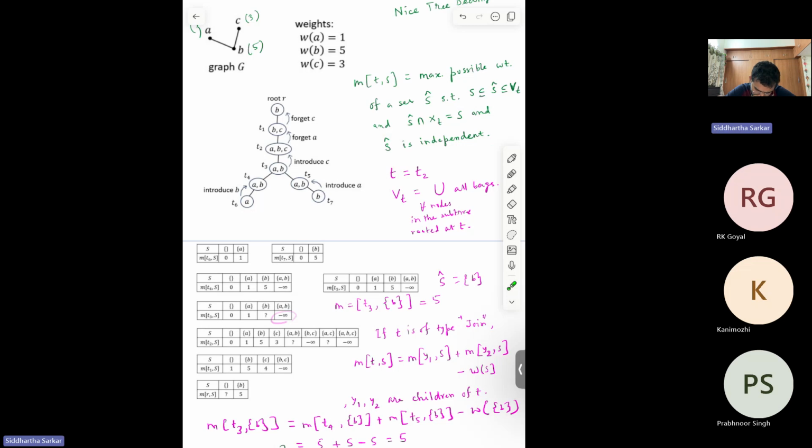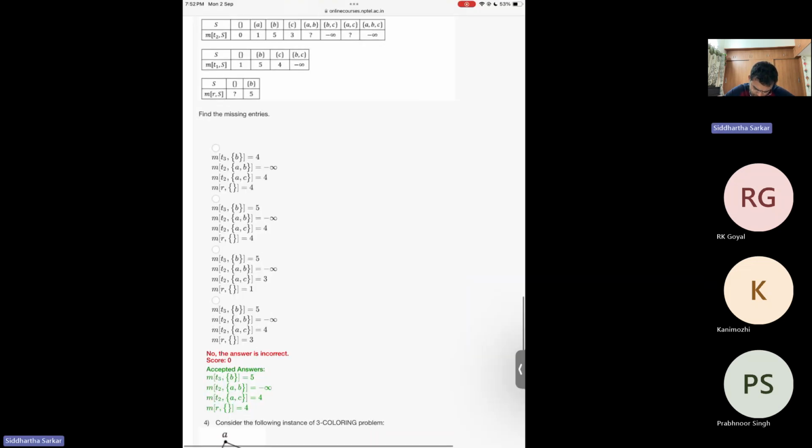So finally, our target is to output B, which is the maximum weight. So let's look at the answer. They say that they have found these four missing values, and the last missing value is four. So corresponding to the root of XT is four, root of B is five.